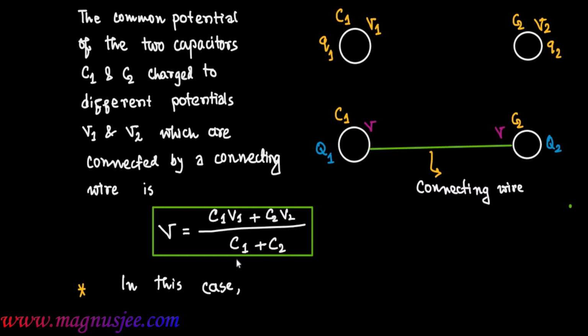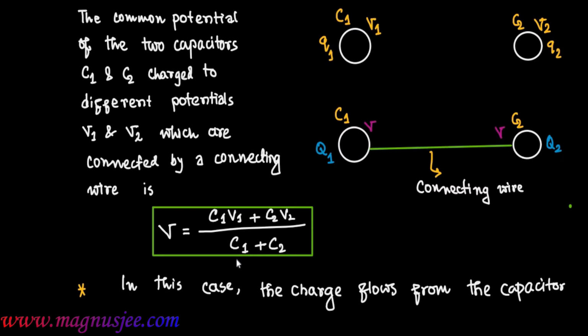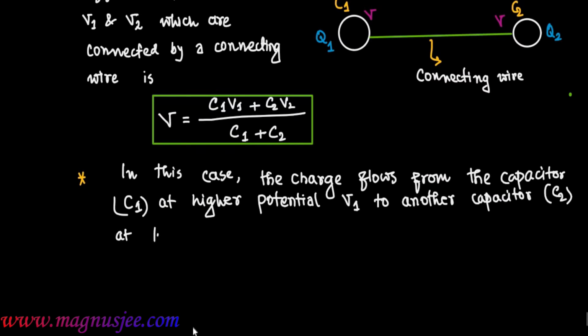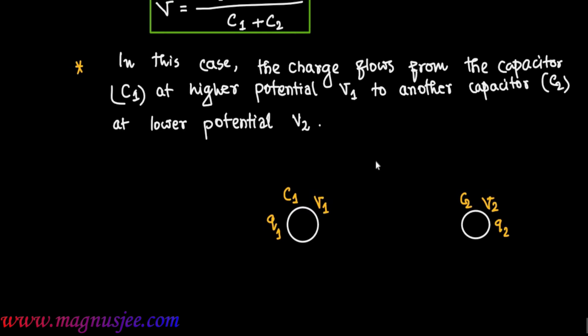In this case, the charge flows from the capacitor C1 at higher potential V1 to another capacitor C2 at lower potential V2.